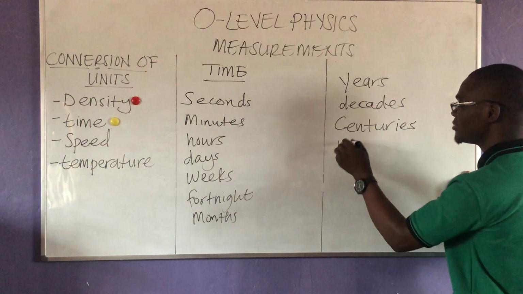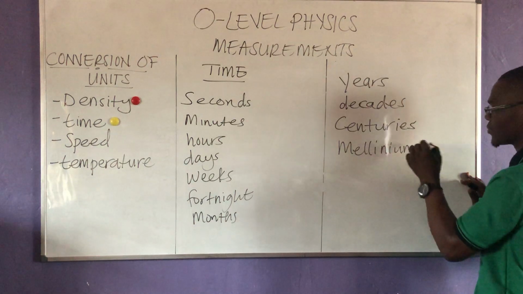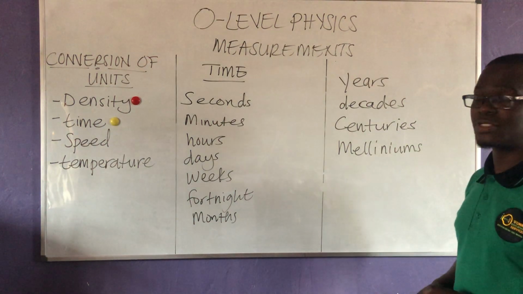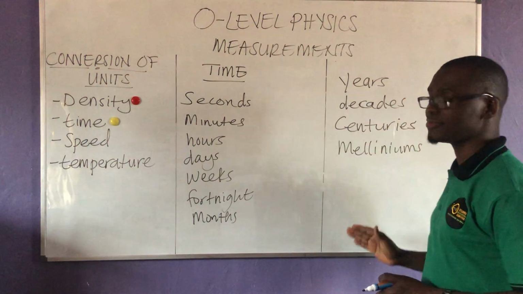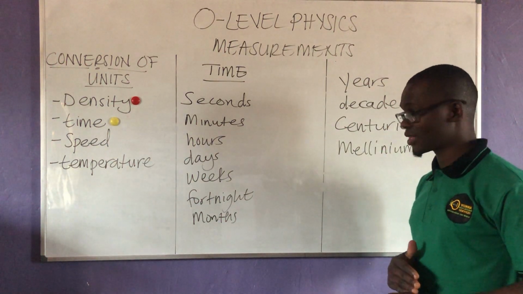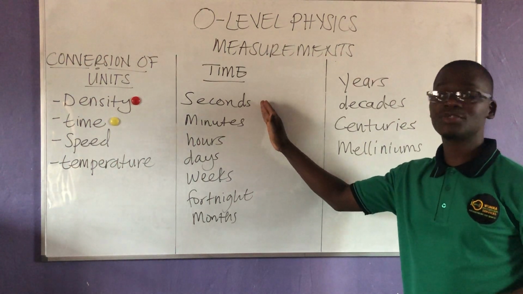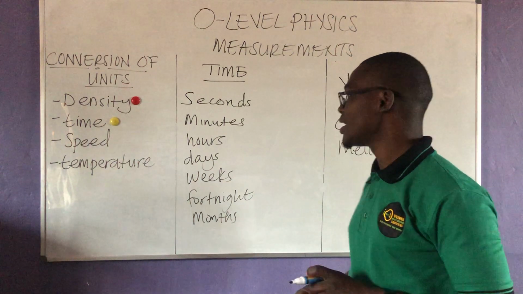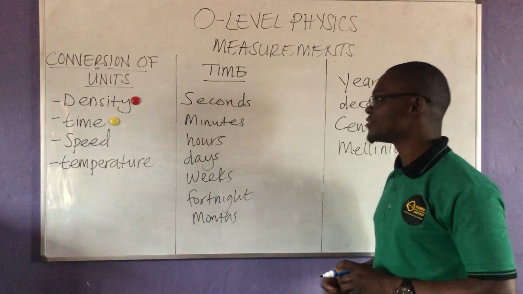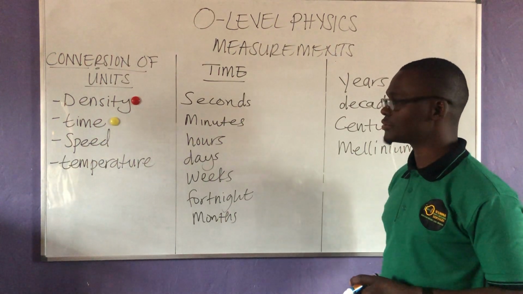We have millenniums, a period of 1,000 years. These are all units of time, and we can convert from one unit to another. So that is our major emphasis today. How do we convert from seconds to minutes to hours and so on?